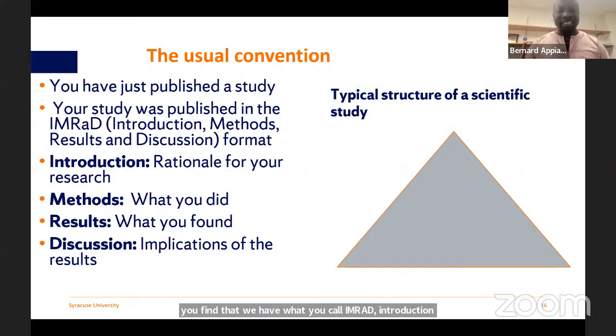Some have different variations, but it follows this format. Introduction talks about why we had to do the research, methods, what we did, results, what we found, discussion, implications of the results. So this is how a typical scientific paper flows.